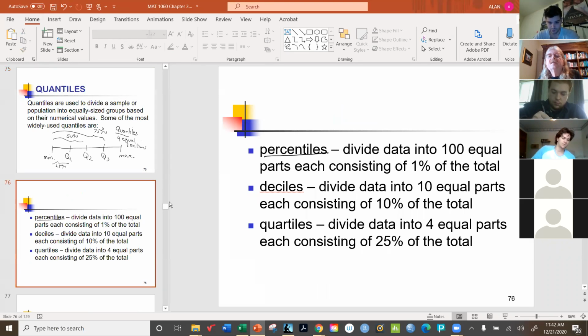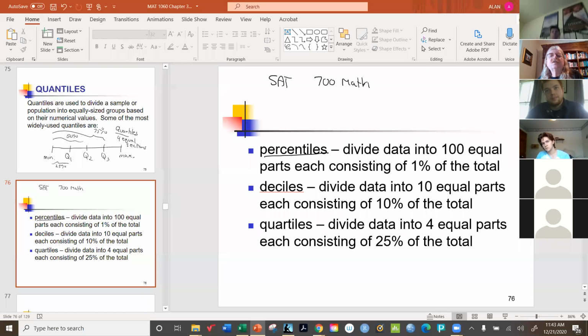Percentiles. Now, a lot of things are measured in percentiles. For example, when you take a standardized exam like the SAT, let's say that you get your results and you're all happy. Wow, 700 on the math score. You say to yourself, wow, 700 out of 800, that sounds pretty good, but where do I stand compared to everybody else? What they usually do is give you a percentile. Let's say that translates into 95%.